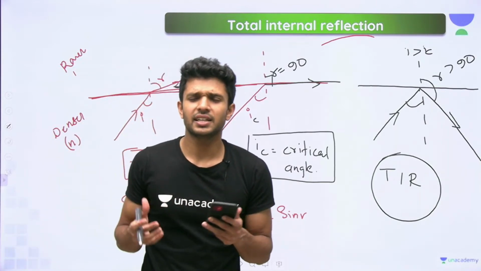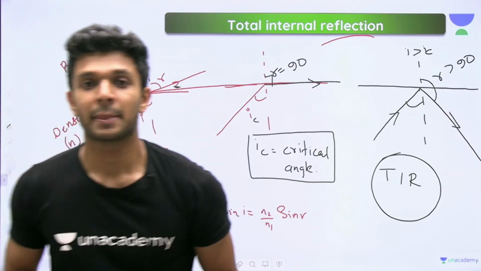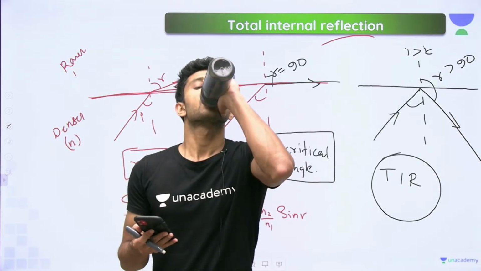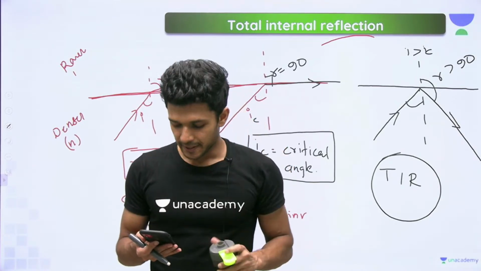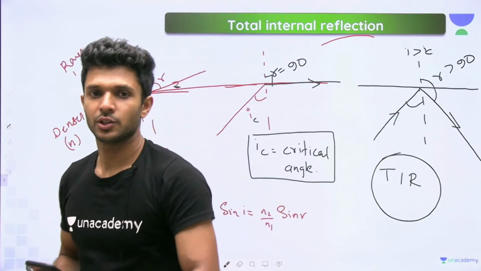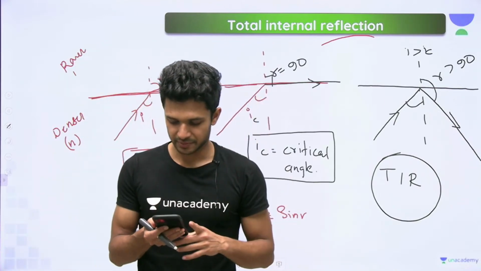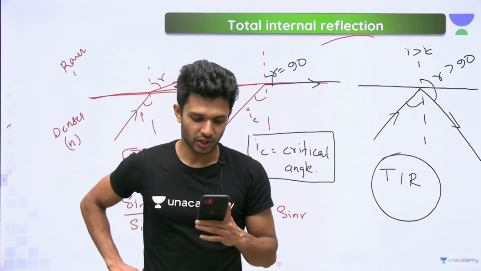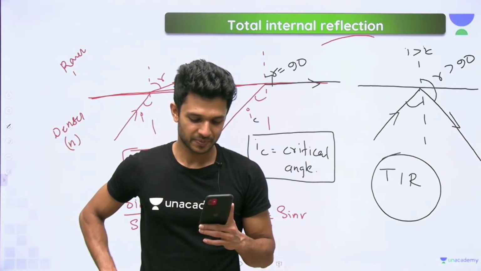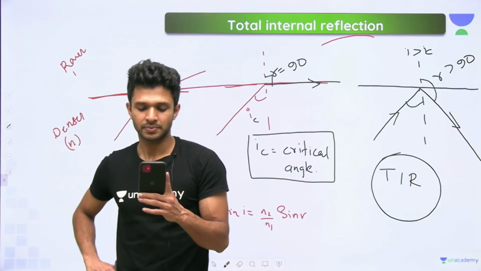Very important to understand the concept, because you will get many conceptual questions from this part. Okay, if there is any doubt, ask, otherwise we will move on. Crystal clear? Okay, so I think it is clear to everyone.